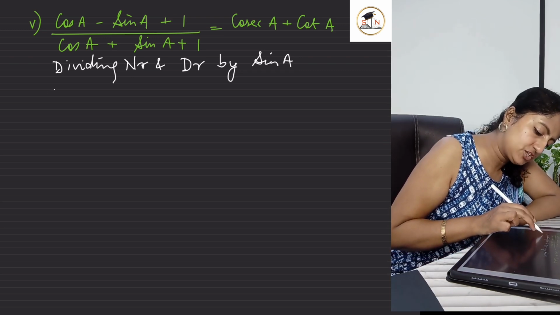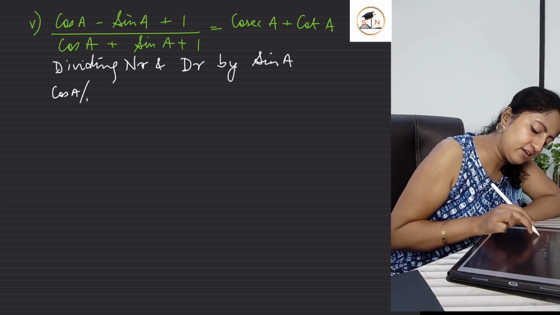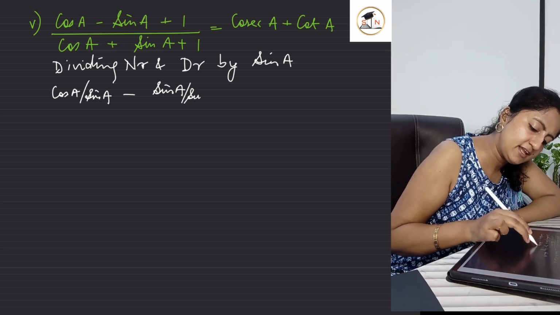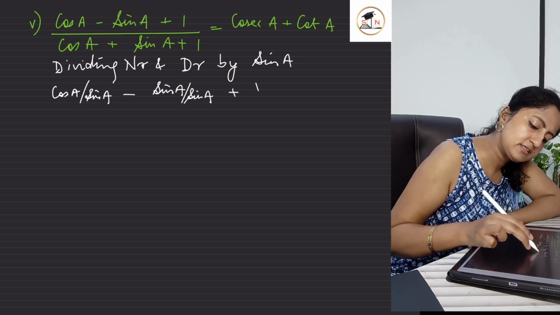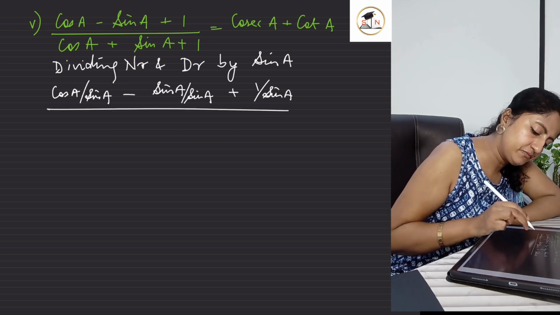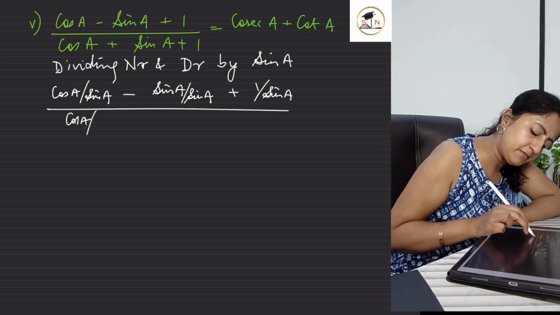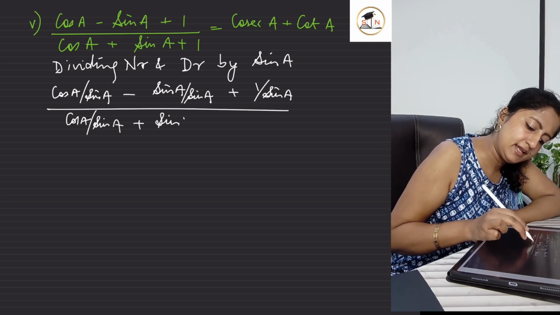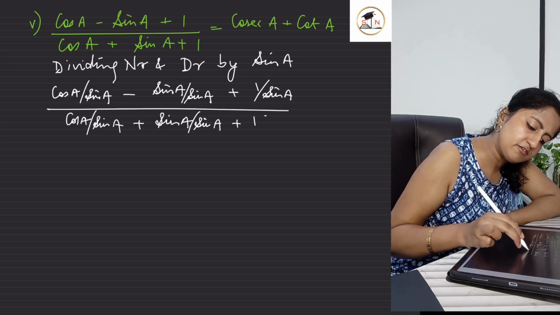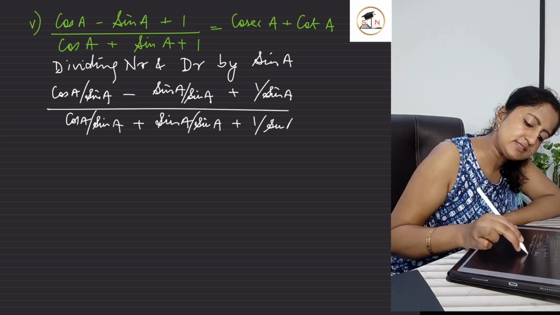So, writing each term carefully, cos A divided by sine A minus sine A divided by sine A plus 1 by sine A. Now the denominator, cos A by sine A plus sine A by sine A plus 1 by sine A.